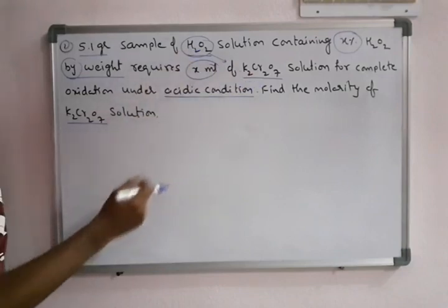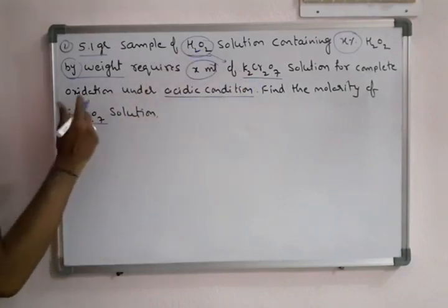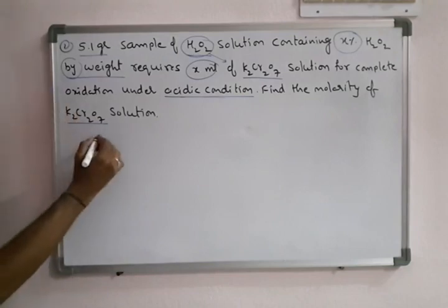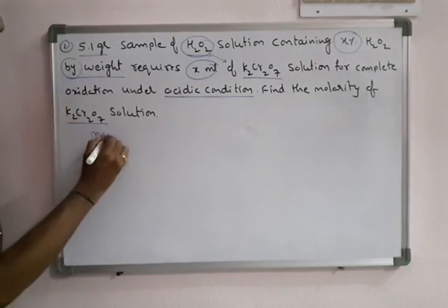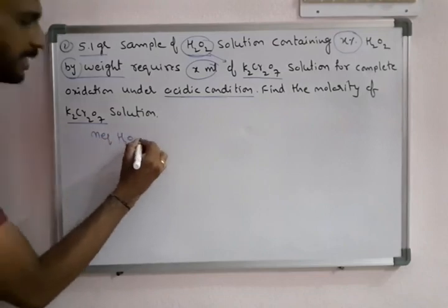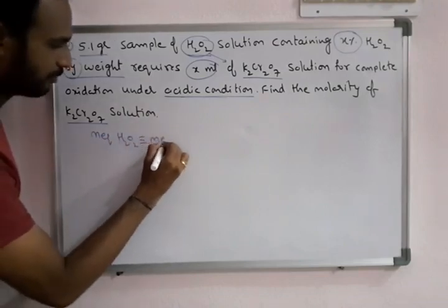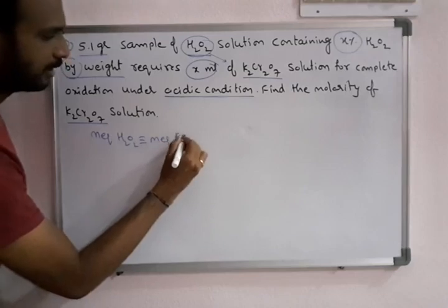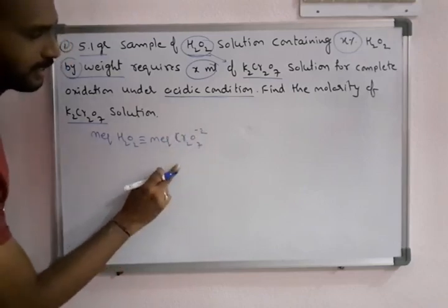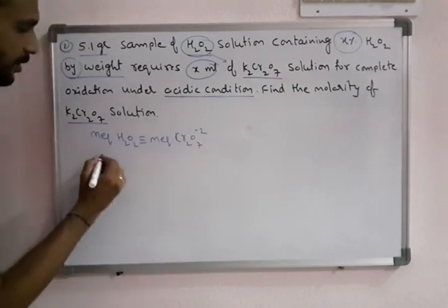So the two are reacted and the reaction is completed. So we can write milli equivalent of hydrogen peroxide is exactly equal to the milli equivalent of the reacted part of the dichromate ion. Potassium dichromate is dichromate ion.